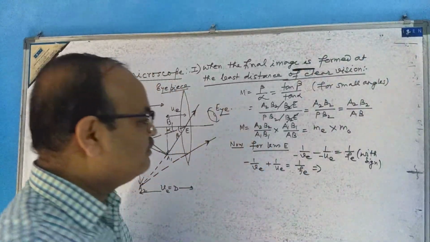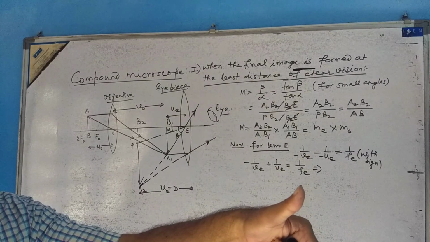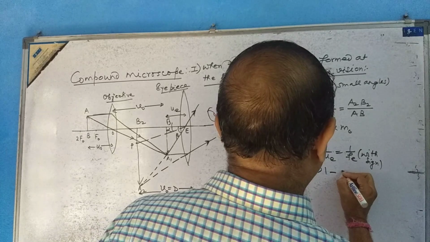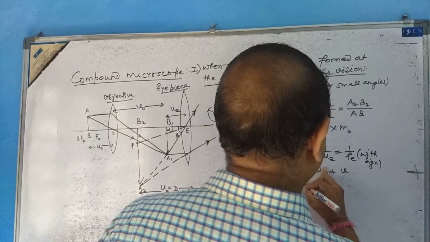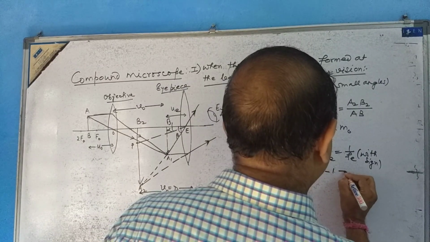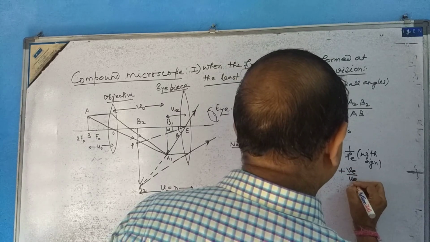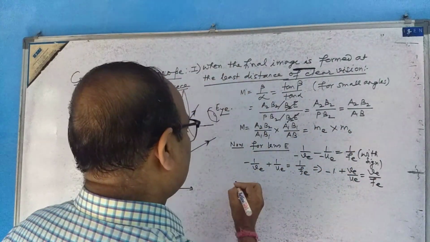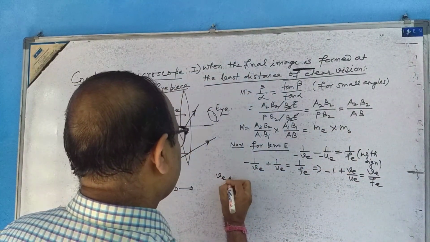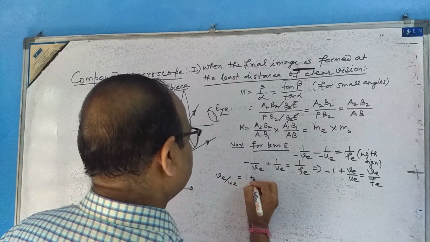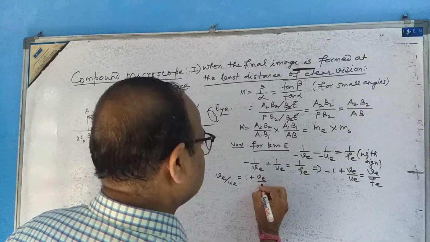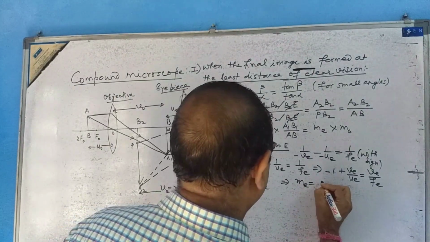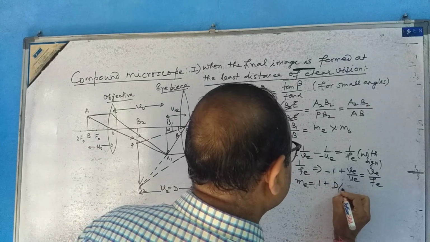Multiplying both sides by V, can I write minus 1 plus V by UE is equal to V by FE. Or we can say V by UE is equal to 1 plus V by FE, which implies ME is equal to 1 plus D by FE.